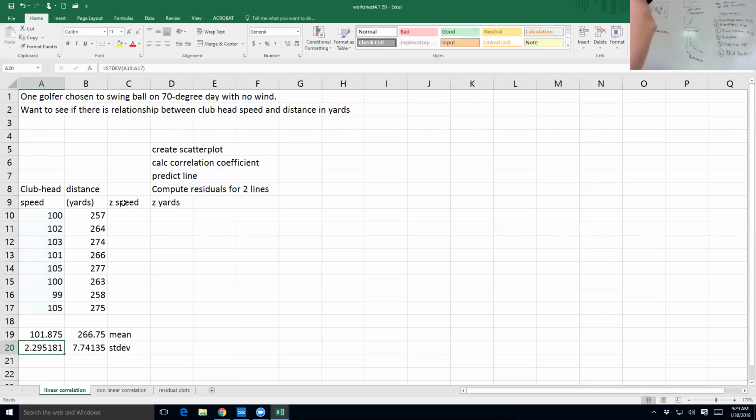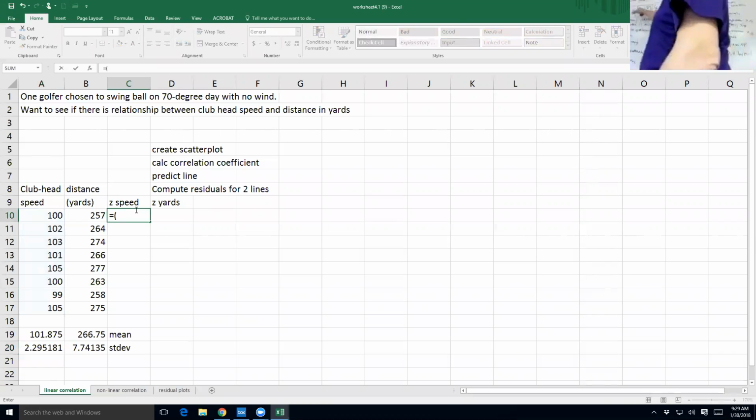Okay, so equals, let's do the parenthesis. And what does X sub I stand for? It stands for your data. So what do I click on? I'm going to click on the 100.